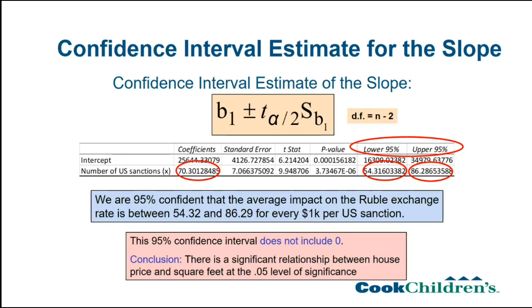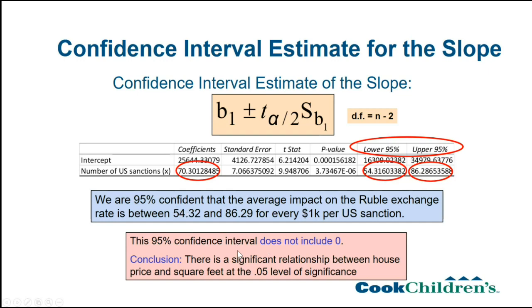And then if you look at the additional data there, there's a confidence interval estimate of the slope. This gives you even more data that you can present here. And you can say that we are 95% confident that the average impact on the ruble exchange rate is between 54.32, the lower 95 percentile, and 86.29, the upper 95 percentile, for every 1,000 US dollar per US sanction.